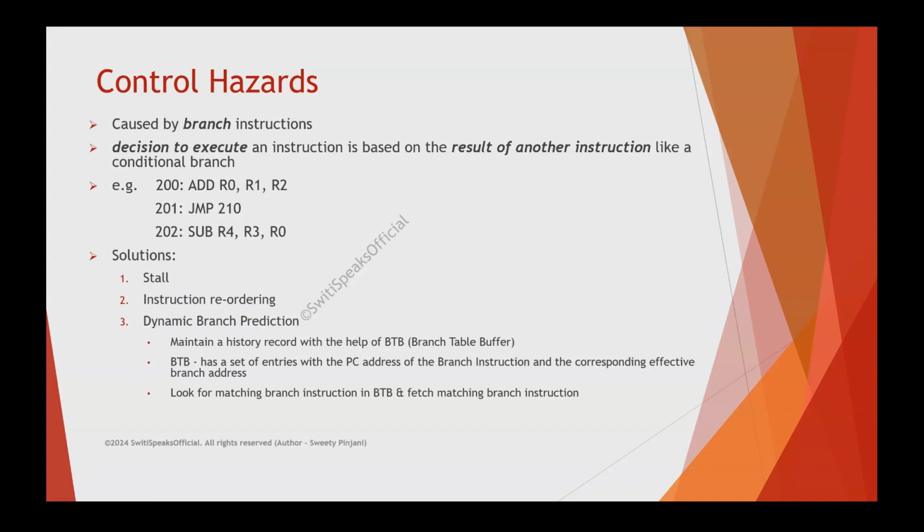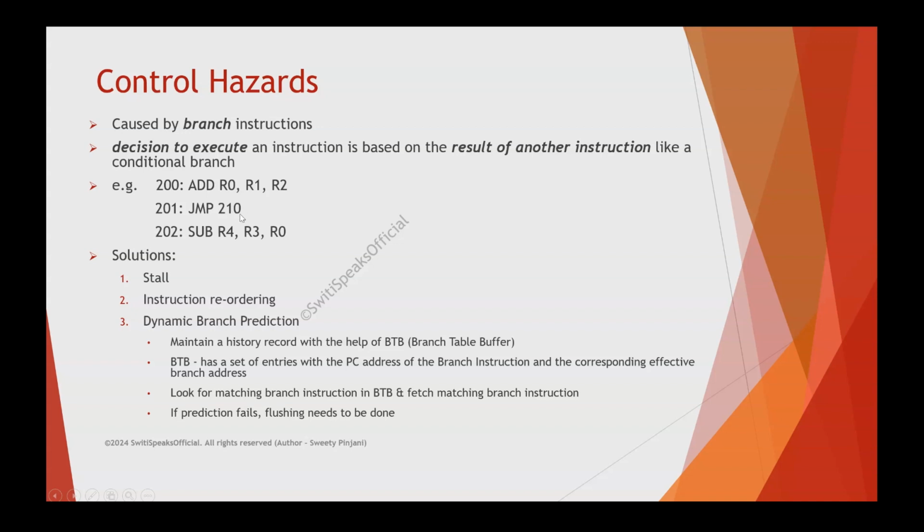Sometimes your prediction may be wrong. When your prediction fails, then you need to flush the value of the program counter which was 210. With the help of BTB, we had fetched 210, but say the prediction has failed. There was some other branch instruction, and according to that, you have to execute the next instruction.